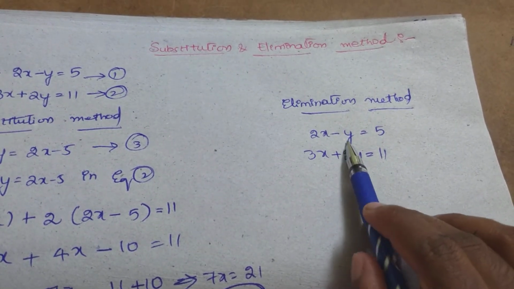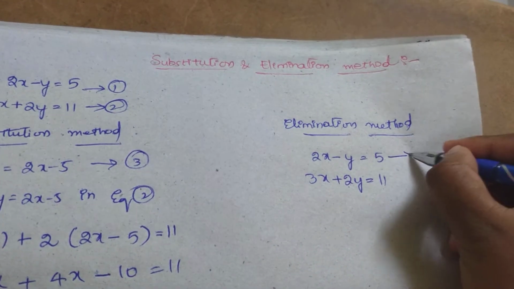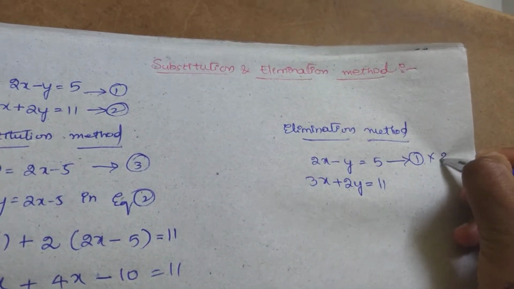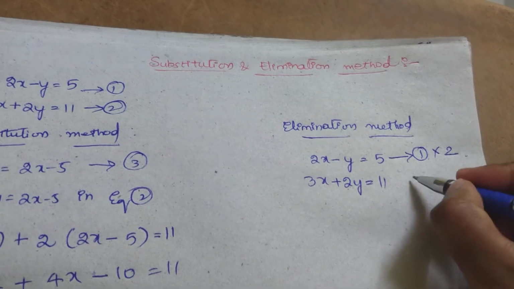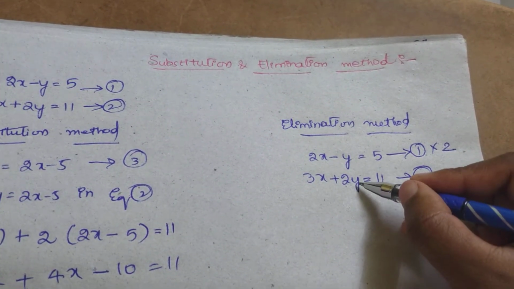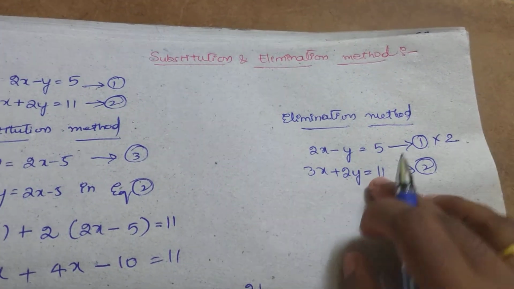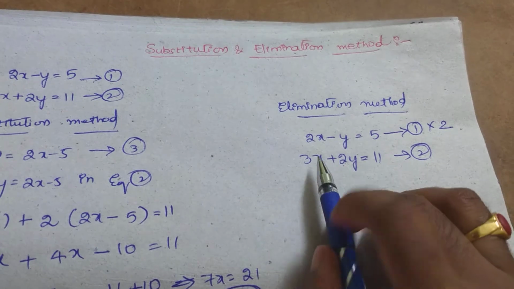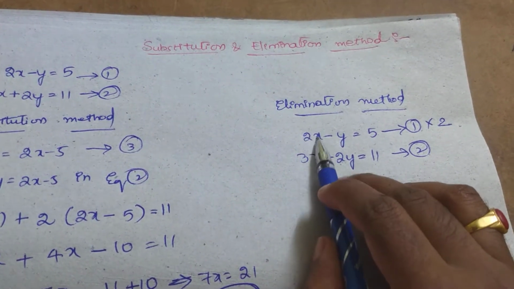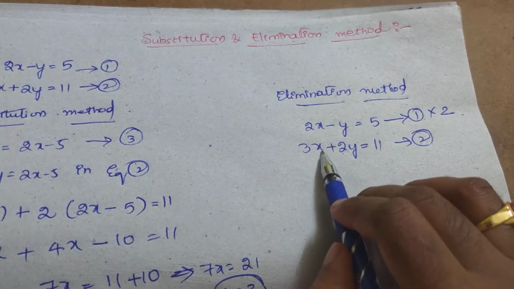In order to make the coefficient of y equal to 2, I am multiplying this entire equation 1 by 2. Let us call this equation 2. Why am I not multiplying to make the x coefficients equal?